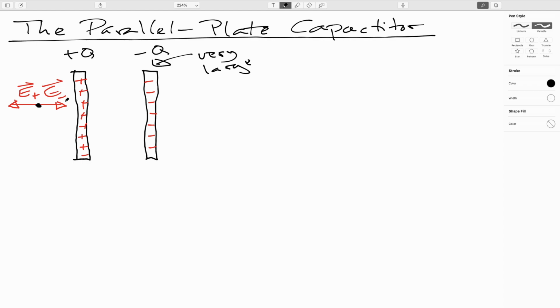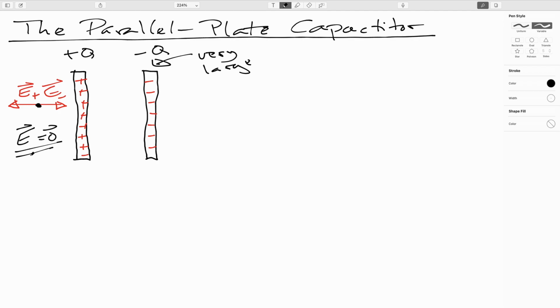Okay, surprisingly, because we are treating the sheets of charge as infinite, the contributions are actually equal. And so we get that the net electric field out here, we'll just write E, is actually equal to 0 out in this region over here.